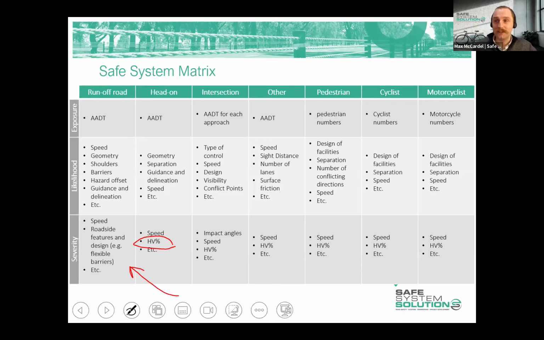Another way that you could potentially capture that risk is within this other category, just reference heavy vehicle crashes. And so you've got a separate column there just to be able to define the level of risk associated with heavy vehicles. It's a good question, though. Very good question.